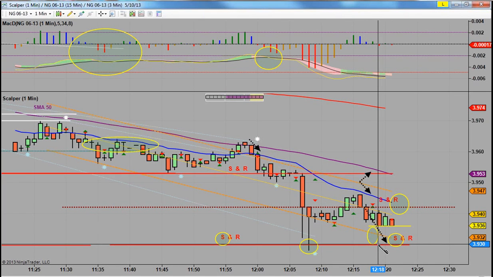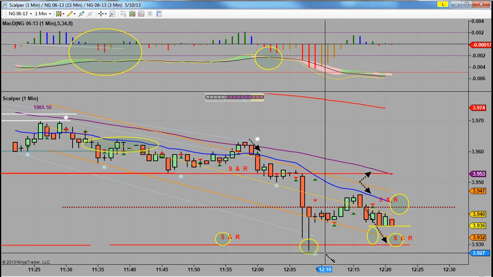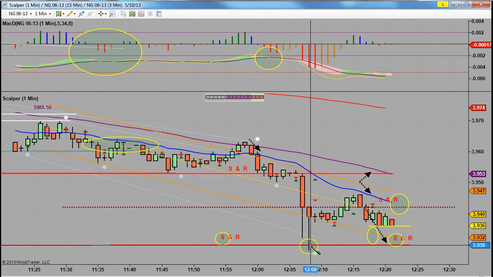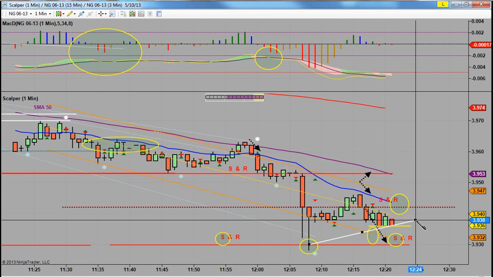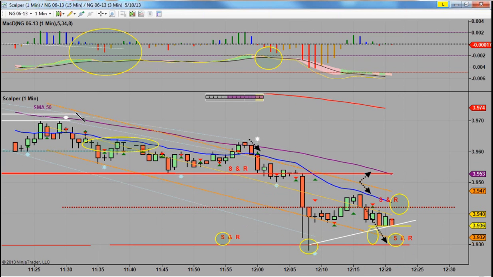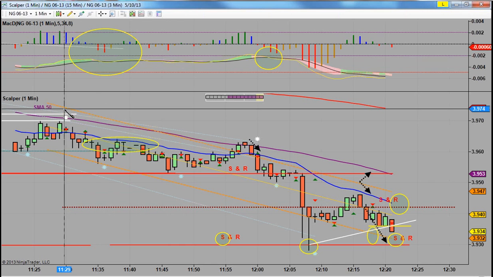And what do we know from that? We'd say that's a higher low, and we may turn around. There's lots and lots of factors that you have to consider.